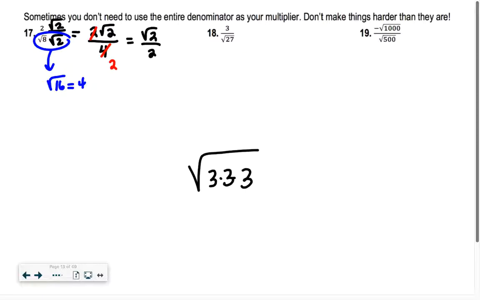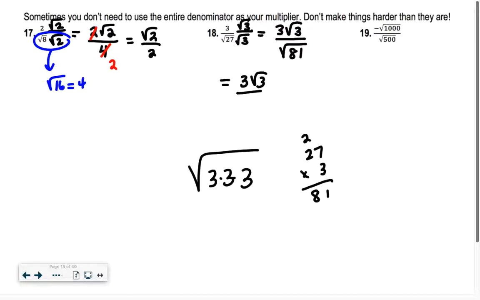Yeah, I need one more 3, right? And 27 times 3, it ends up being 81, right? So I have the square root of 81 on the bottom, which comes out evenly. It becomes 9.